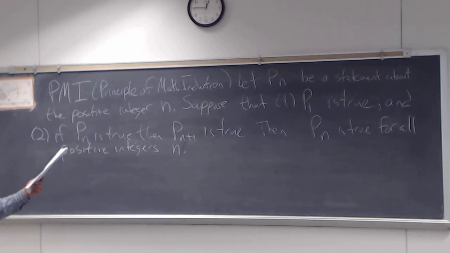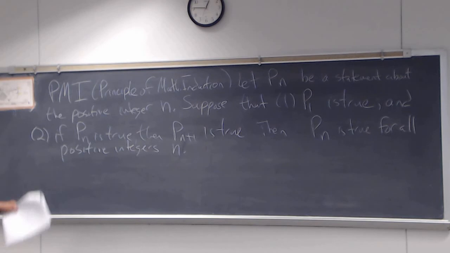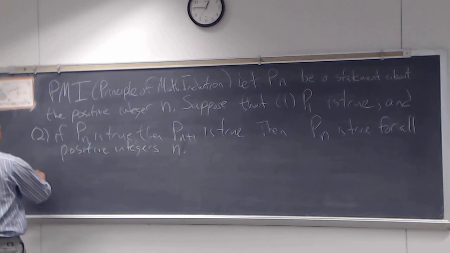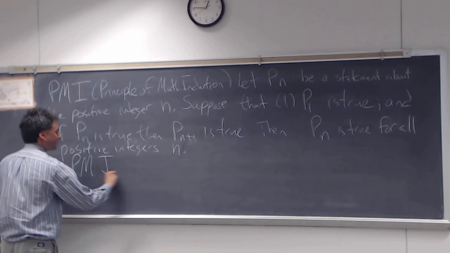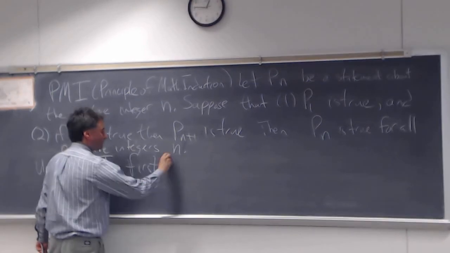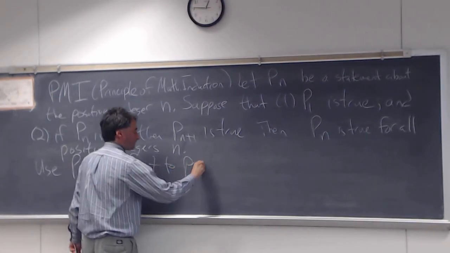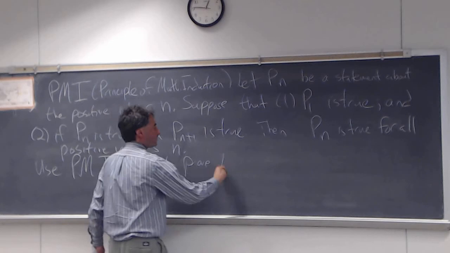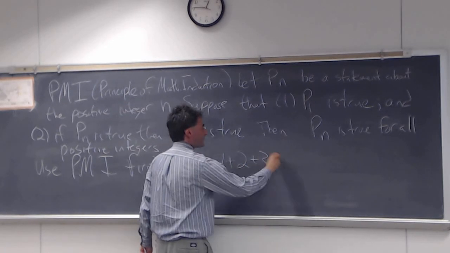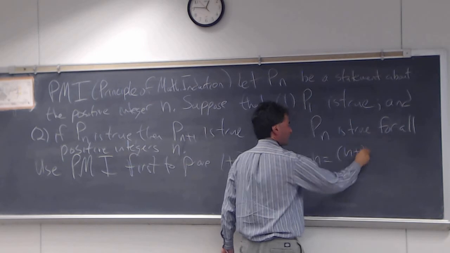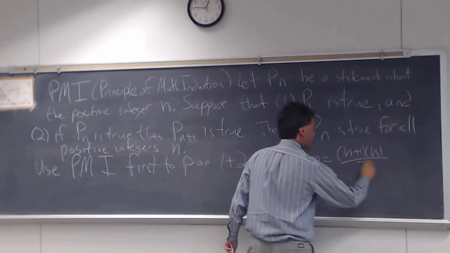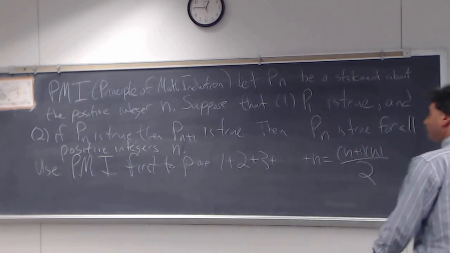So as a basic one, we'll first use PMI to prove a well-known formula: the sum of the first n integers is equal to that.